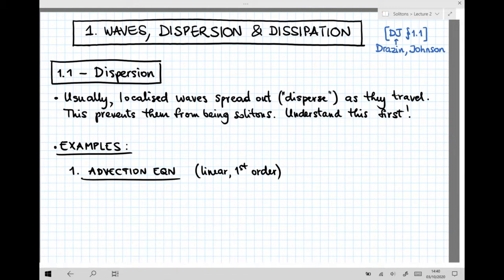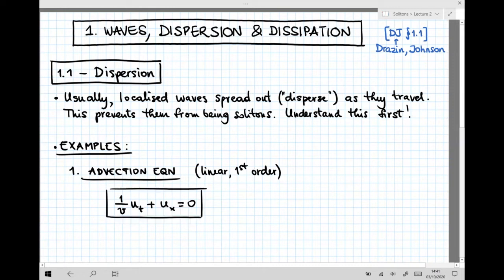So what is the advection equation? Is the following partial differential equation: 1 over v times u_t, where I remind you subscripts denote partial derivatives, so u_t is partial of u with respect to t, plus u_x equal to 0. And we'll assume for now that v, the parameter, is positive. This is equation 1.1.